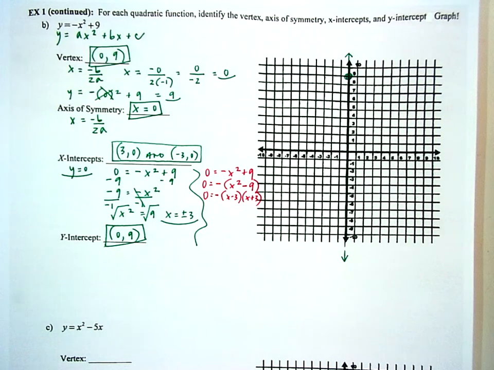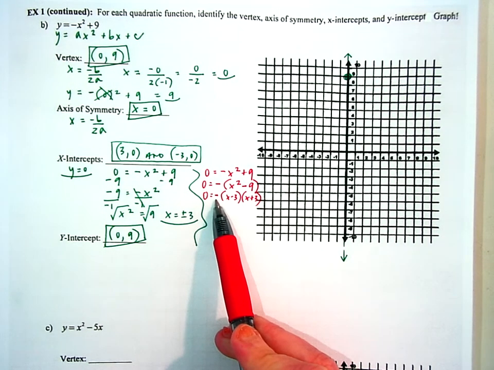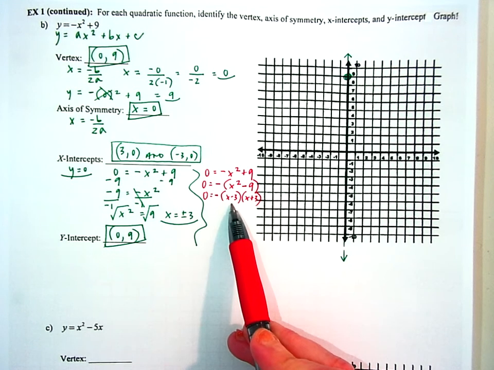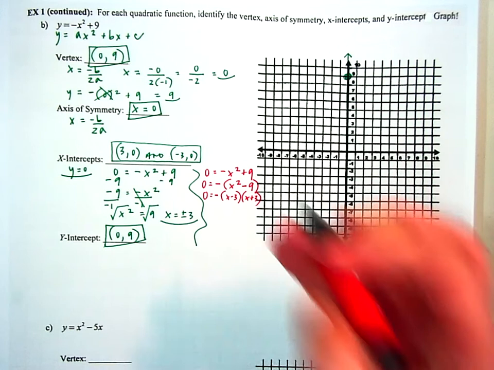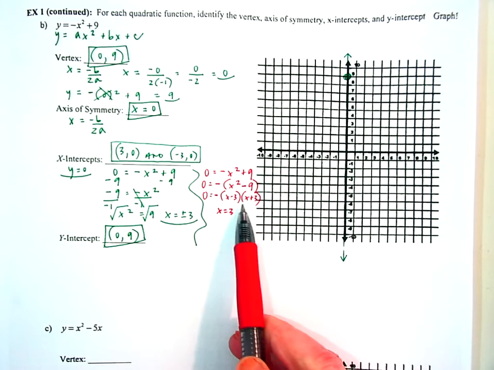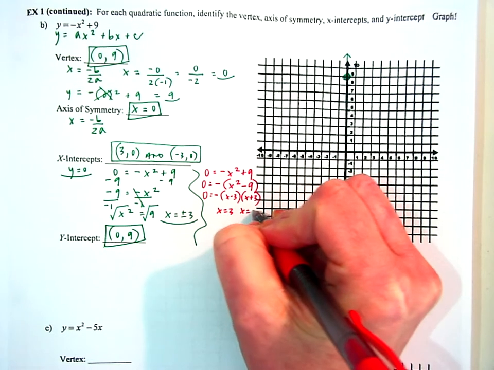Then I can set each factor equal to 0 and solve. Setting -1 equal to 0, there's no x there, so I get no solution from here. If I set this one equal to 0 and solve, I get a solution at x equals 3. And if I set this factor equal to 0 and solve, I get a solution at x equals negative 3.